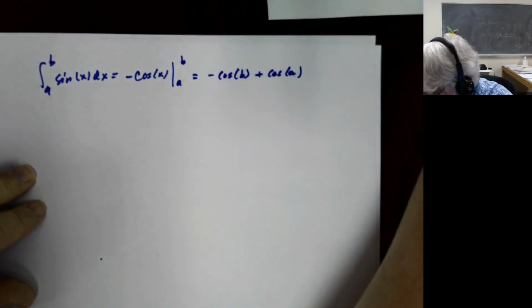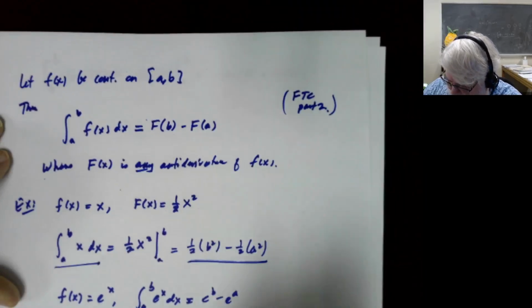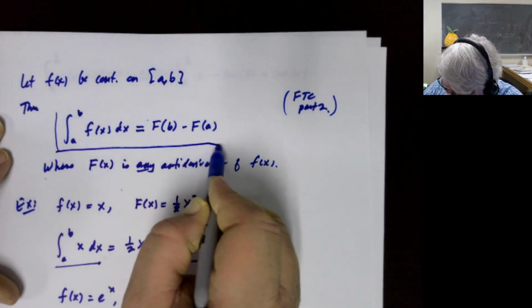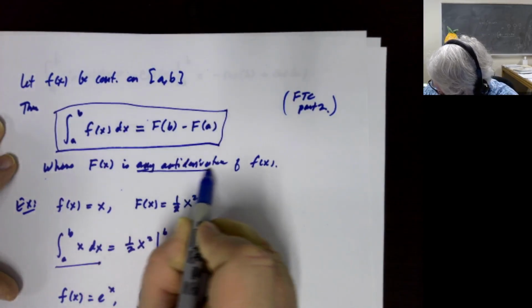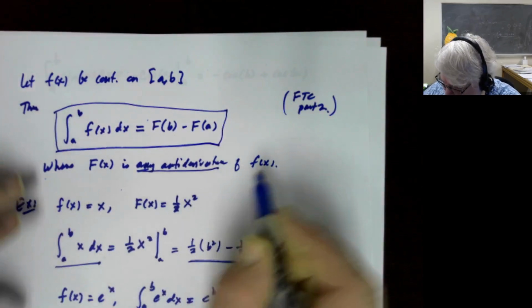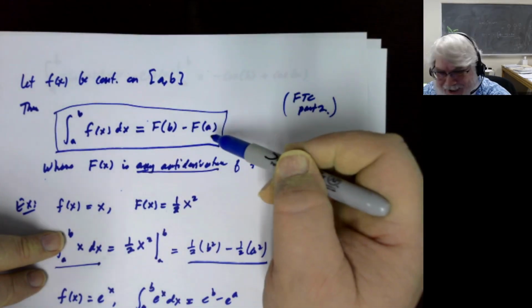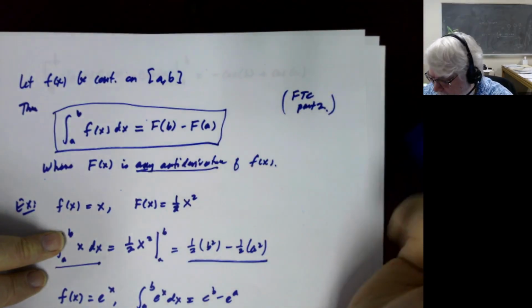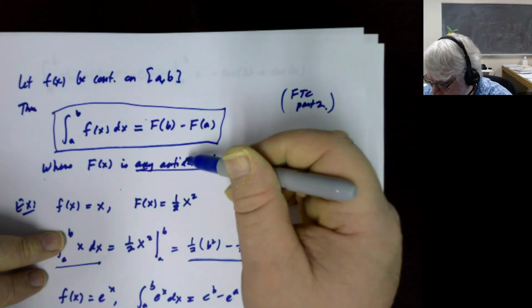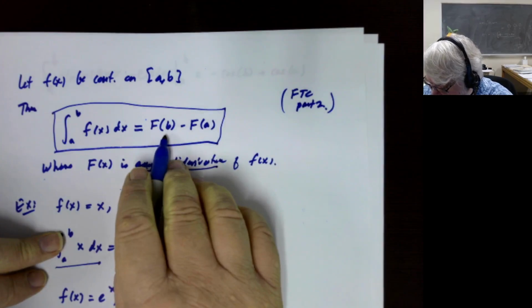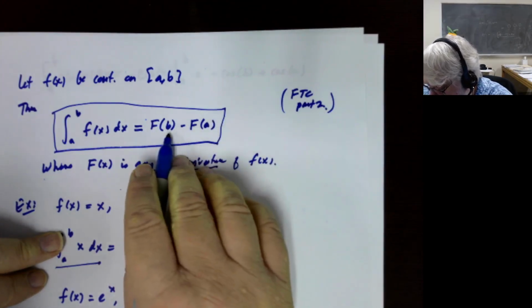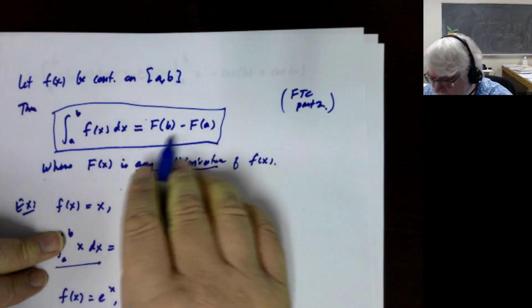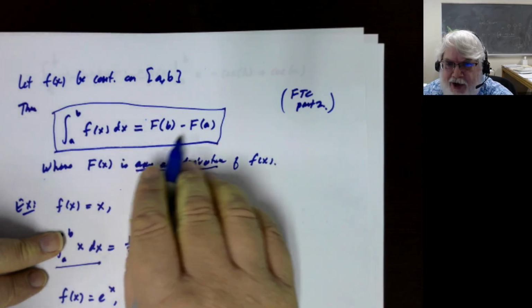It's telling us how to compute these definite integrals using antiderivatives. By the way, the reason why we can use any antiderivative is because the difference between any two antiderivatives will just be a constant. And so if F of x has a constant in front of it, or if you're adding a constant, when you take F of b minus F of a, you're just going to be subtracting the constant off.